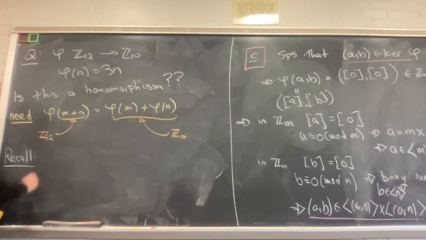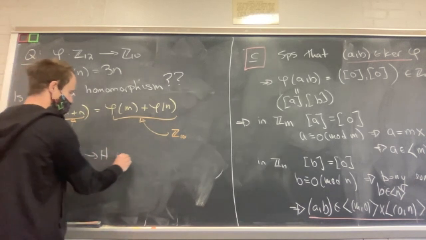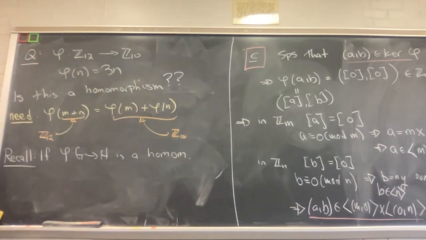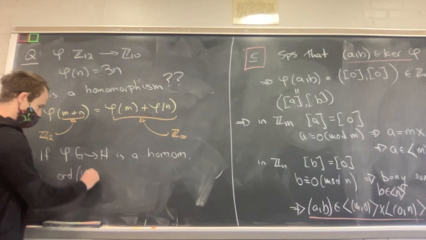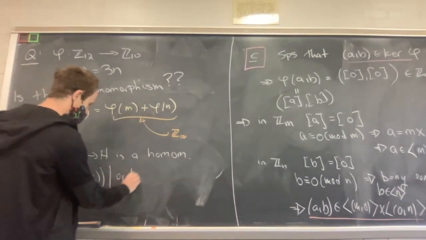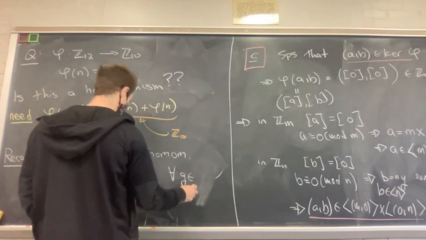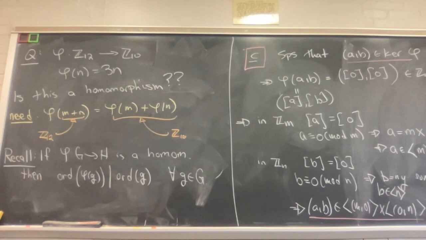So let's recall this. If phi from G to H is a homomorphism, so any homomorphism, then the order of phi of g divides the order of g, for all g in G. So remember, the order is how many times you have to combine an element to get to the identity.